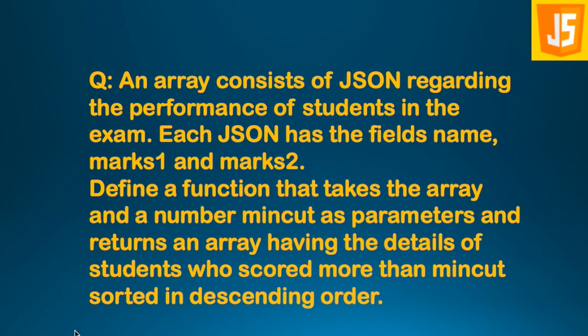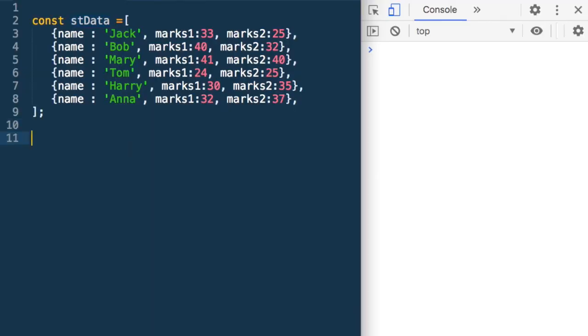So marks 1 plus marks 2 should be greater than mincut, and sorted in descending order of the total marks. Suppose we have this students data and let's say mincut is 59. So we want all the students with total greater than or equal to 60. And we need to define this function.